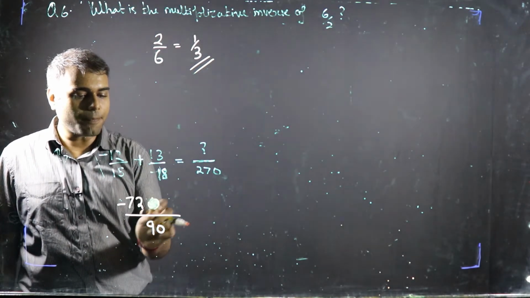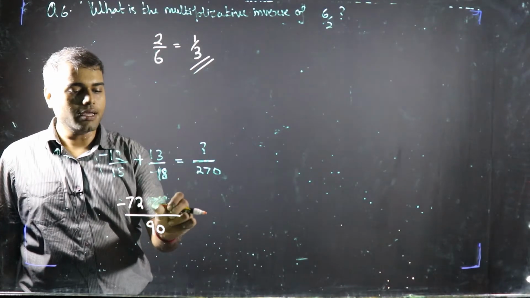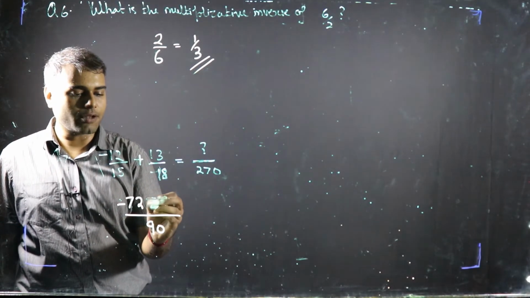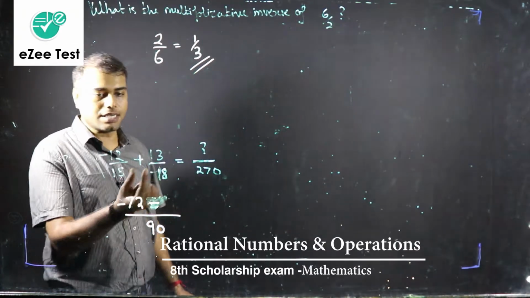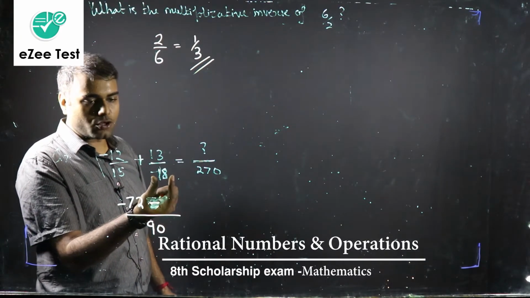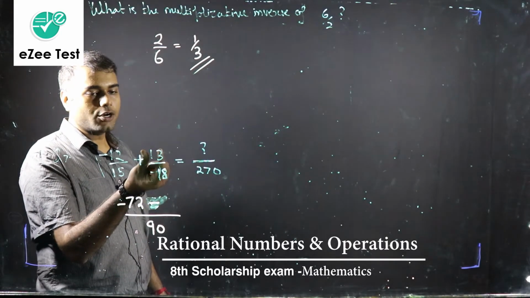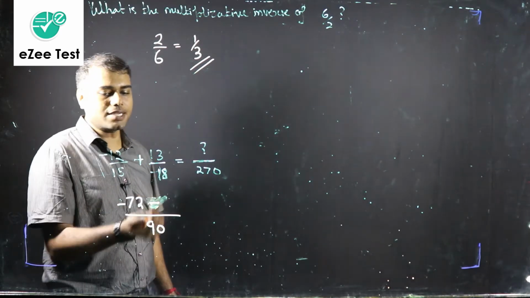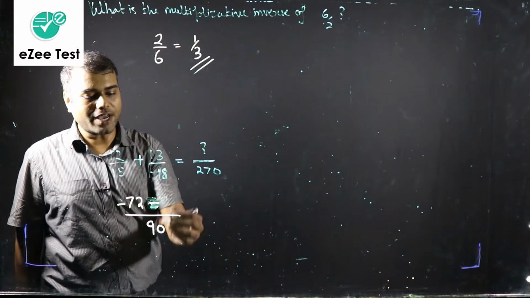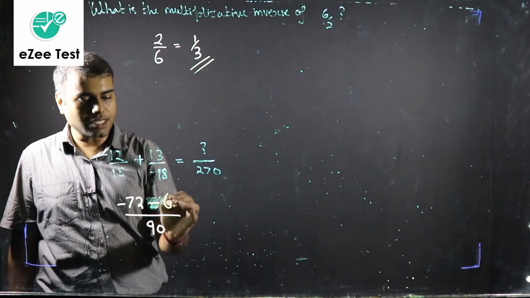So instead of writing a plus sign over here, I should write a minus sign over here. I hope you have understood this. I earlier told you that there should not be a negative sign in the denominator. We have to transfer it to the numerator. So plus minus 13 will become minus 13. So now 18 into 5 is 90. So what we have to do is 13 into 5, which is 65.